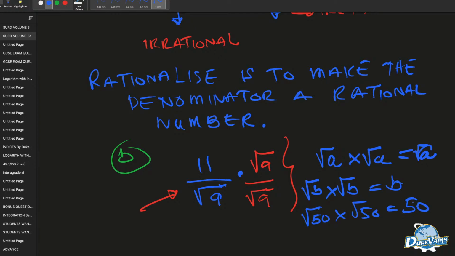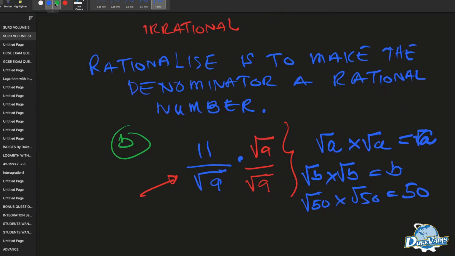With this knowledge in mind, let's look at it again. Surd 9 over surd 9 is nothing but 1.